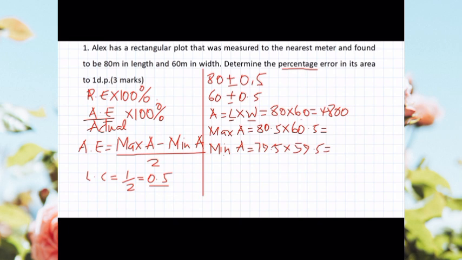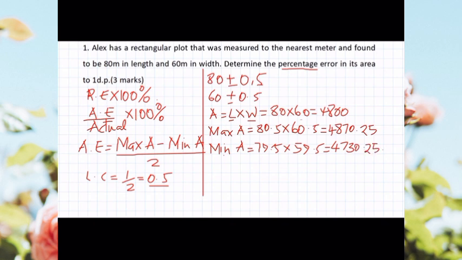And so when we work out here, 80.5 times 60.5 gives us 4,870.25. And when we work out 79.5 times 59.5, that gives us 4,730.25.